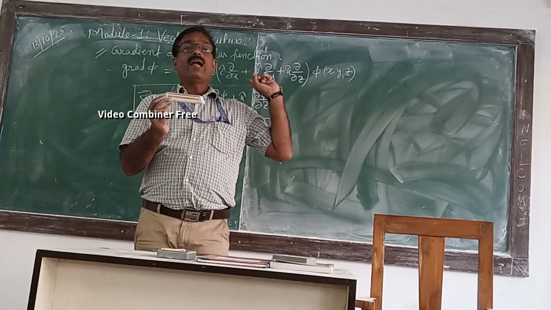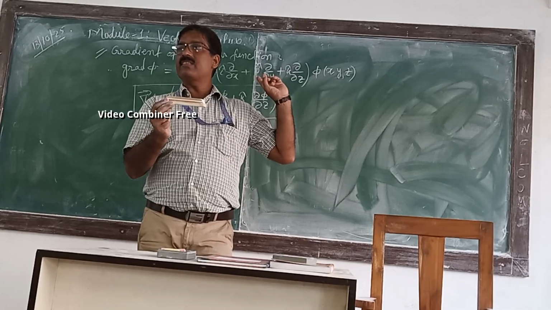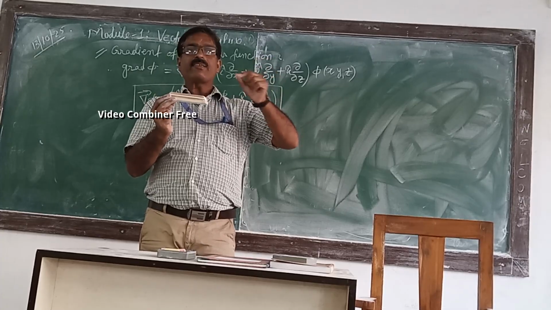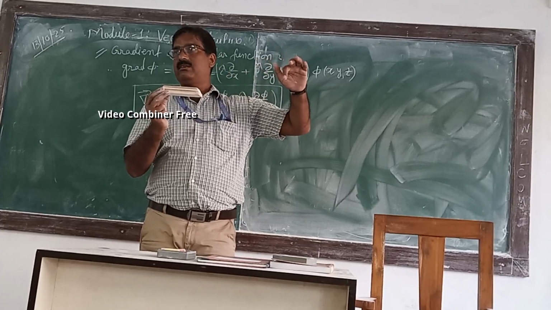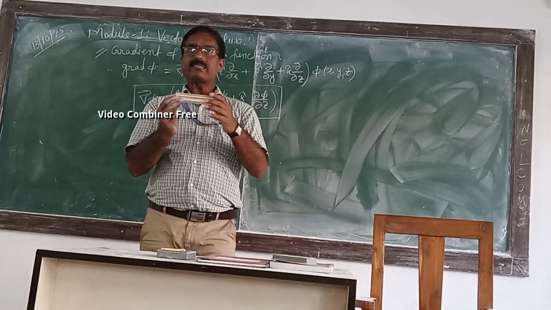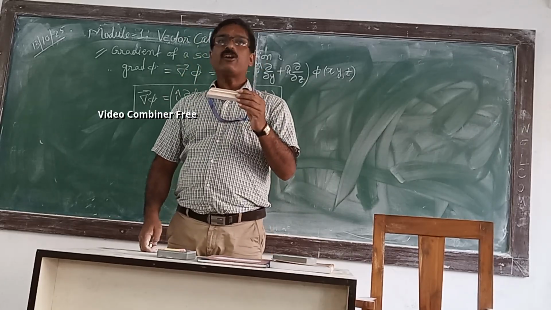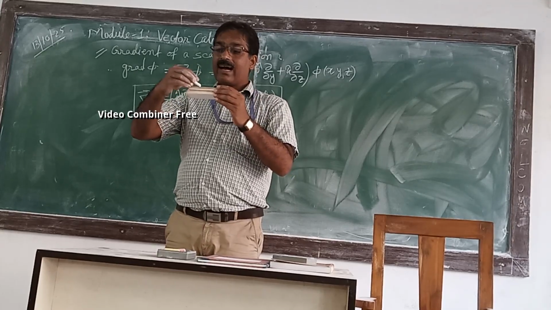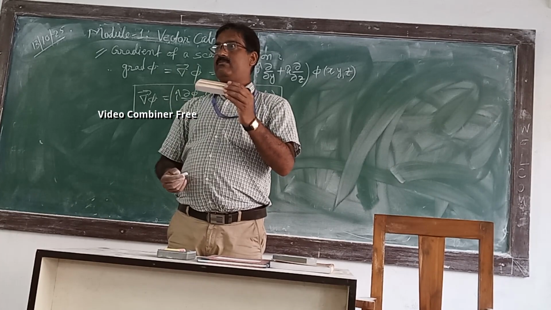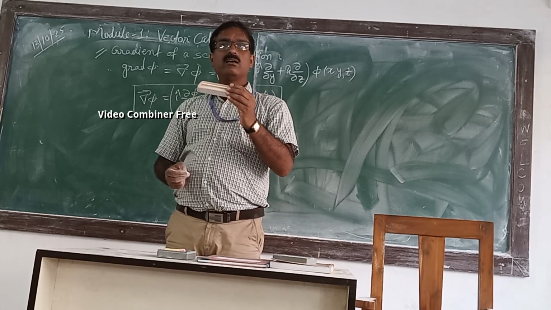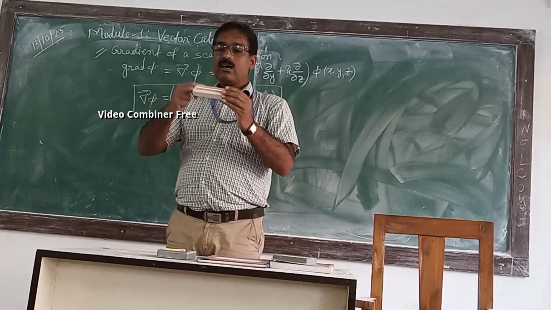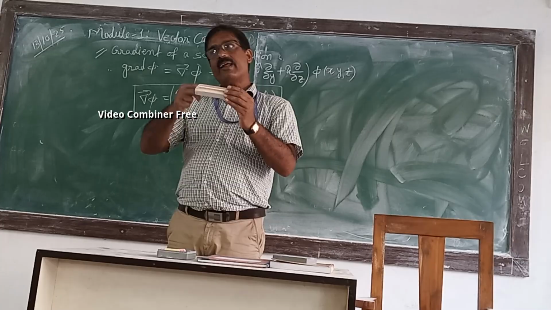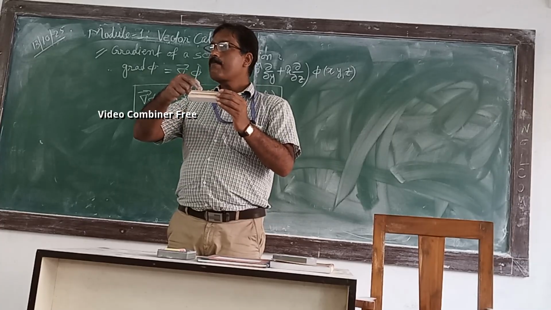Now, that is the gradient of temperature, gradient of T. That means change in temperature with respect to distance. And what is the direction? The direction of the gradient of temperature is along the normal to the surface where the temperature is constant. If we take a cross section of this rod, in this cross section the temperature is constant at a time.